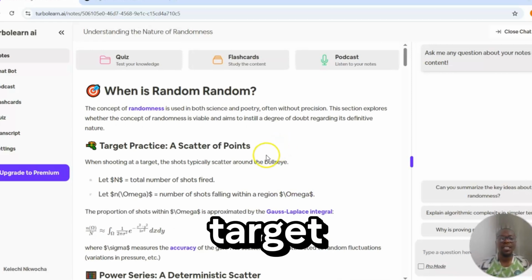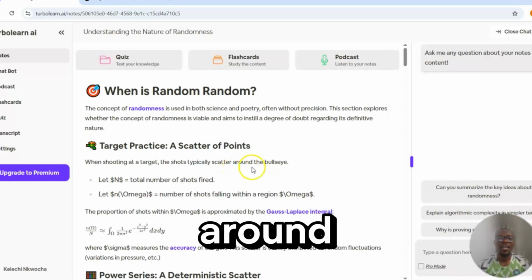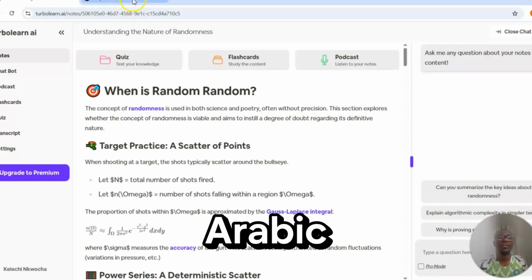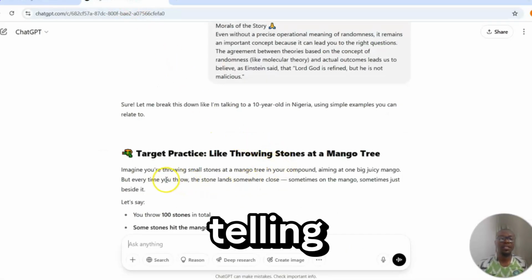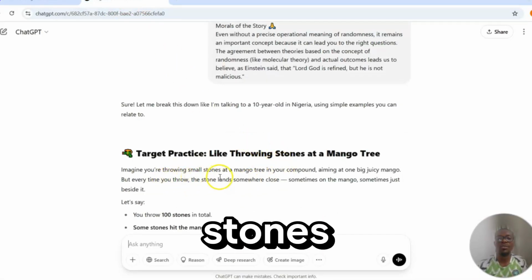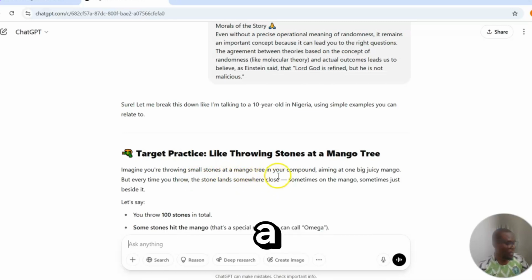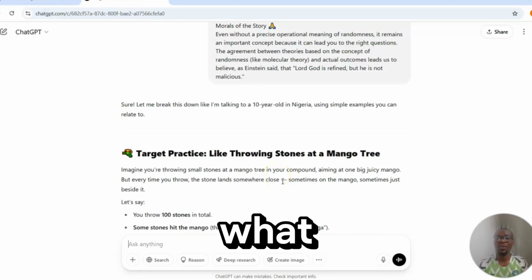When shooting at the target, the shots typically scatter around the bullseye. Let's now just see. It looks like they're speaking Arabic right now. Look at what ChatGPT is telling us. Imagine you are throwing small stones at a mango tree in your compound. Now, if you're in Nigeria, you will understand exactly what he's talking about.